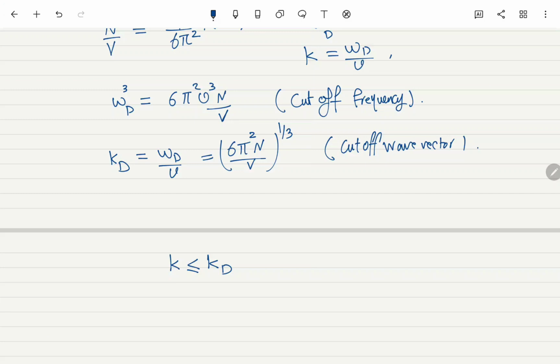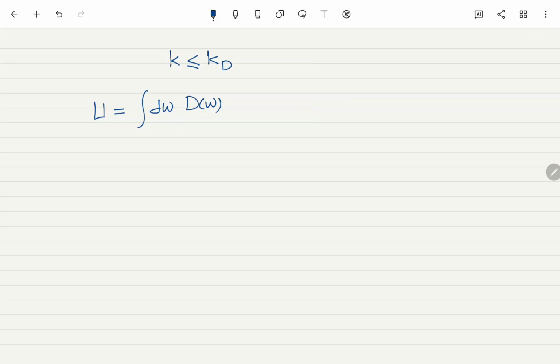In this case, the thermal energy U is equal to the integration d omega, D(omega) times n(omega) times h bar omega.